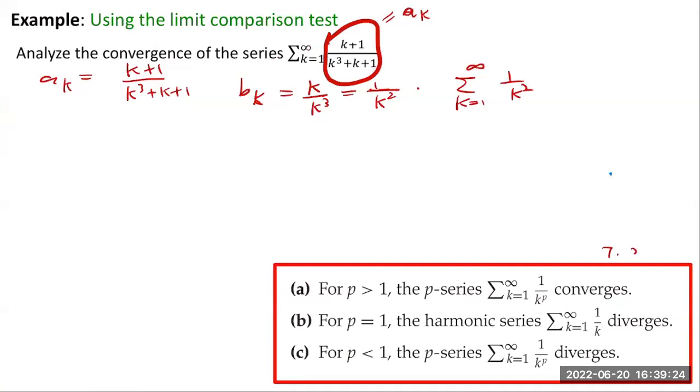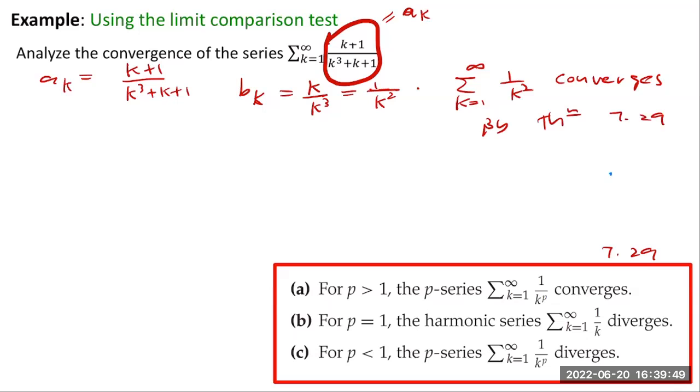Let me write 7.29 here. By theorem 7.29, this is a P series with P equal to 2. P is bigger than 1, and if P is bigger than 1, the P series converges. So this converges by theorem 7.29.